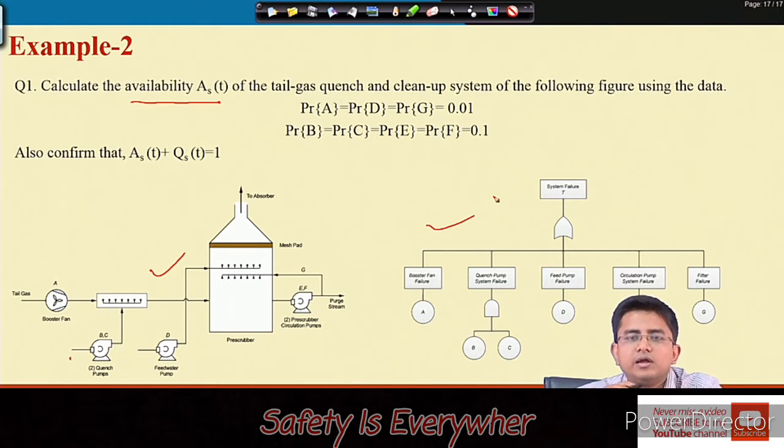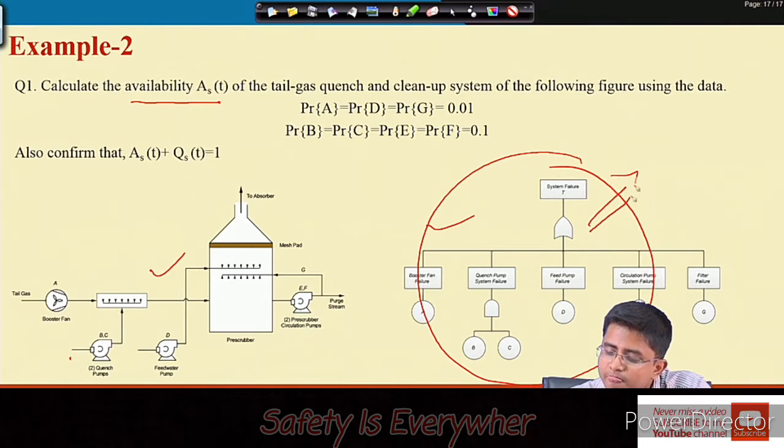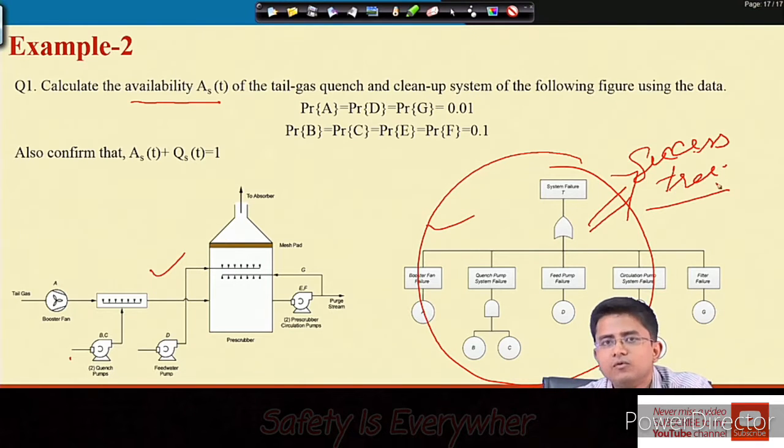For calculating availability, there are two approaches. One is we have to convert this fault tree into a success tree. How to convert this fault tree into a success tree?